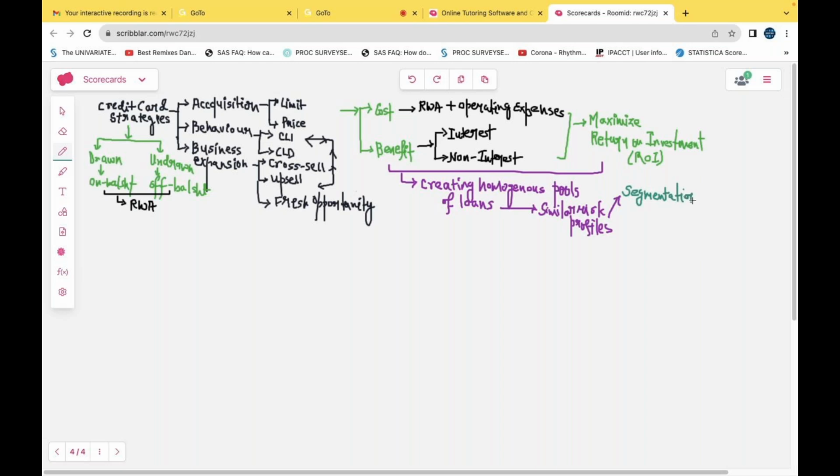Now, for building out strategy models, let's say I'm talking about a credit limit increase, credit limit decrease, or a fresh opportunity analysis.